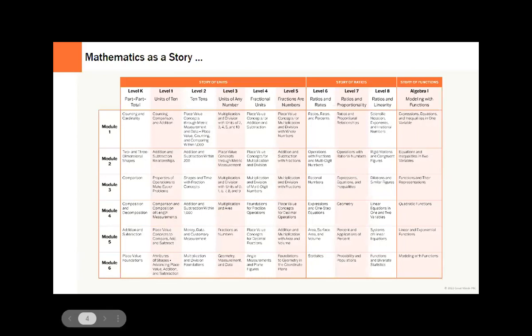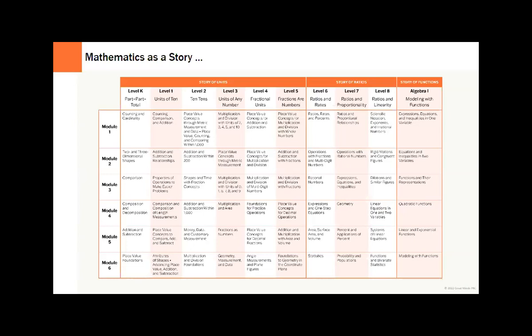So here you'll see it's a little bit small, but you can see how each grade level is broken up. And so for K through 5, this also for us includes pre-K, just for that notation while it's not in this chart, includes the story of units.